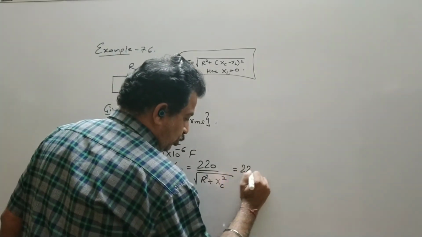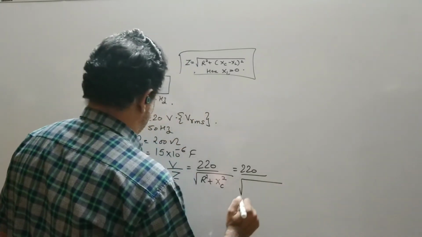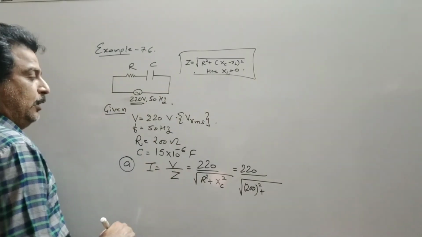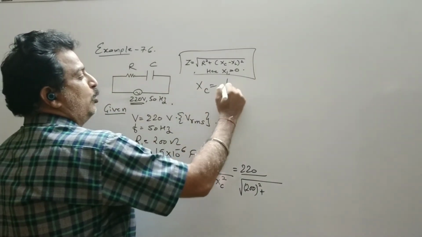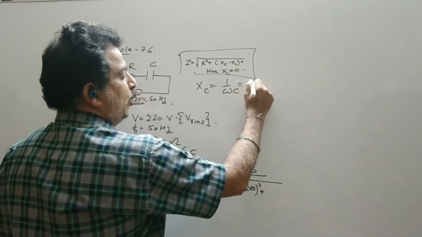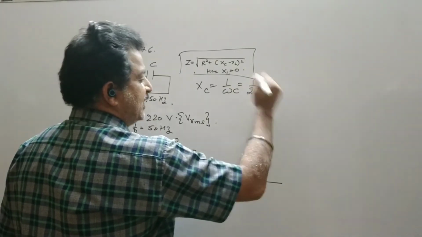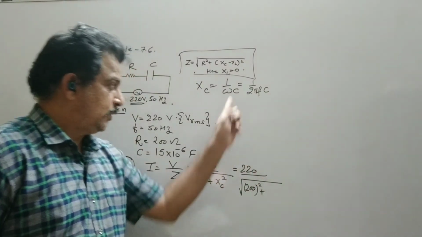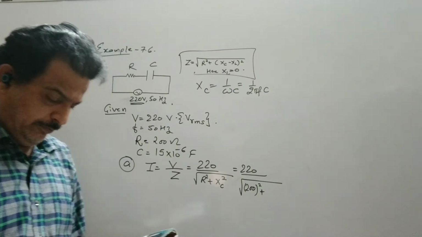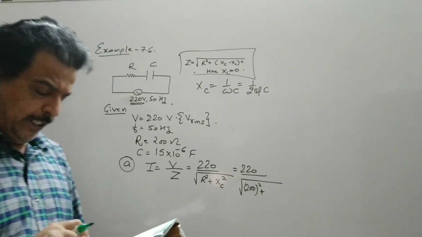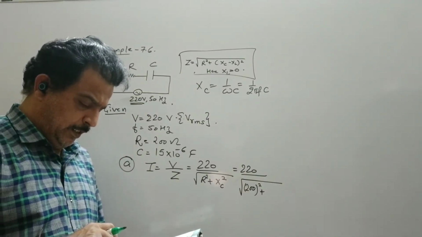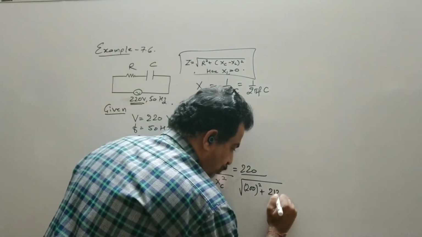So this is equal to 220 volt divided by under root 200 square plus XC square. We can find XC equal to 1 upon omega C, that is equal to 1 upon 2 pi f C. We substitute this value. So we take the value directly from the book, that is, we have to find out XC. The value given here is 212 ohms.